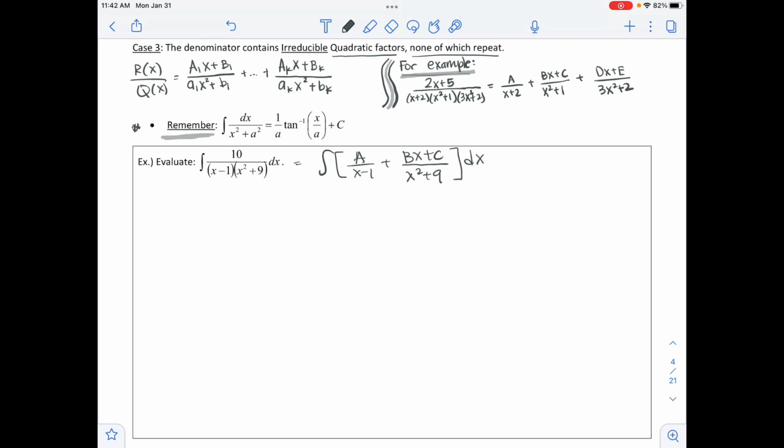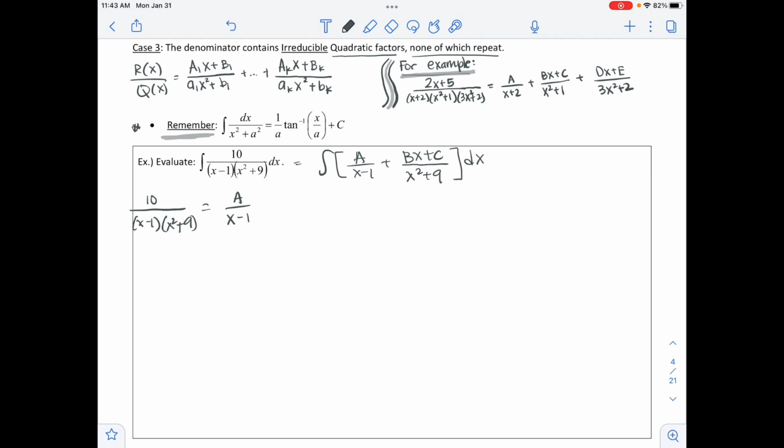And so now we have to determine what a, b, and c are. So again, just like how we've done in the previous problems, I'm going to go ahead and write down what my original quadratic expression was, that integrand, and then also rewriting the right side using that partial fraction idea.